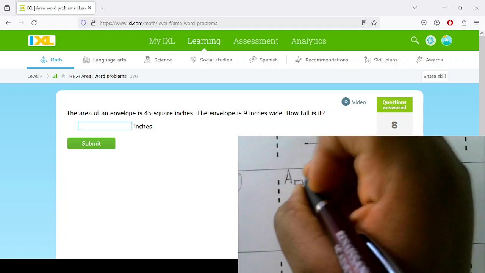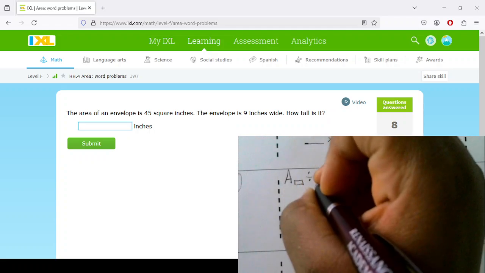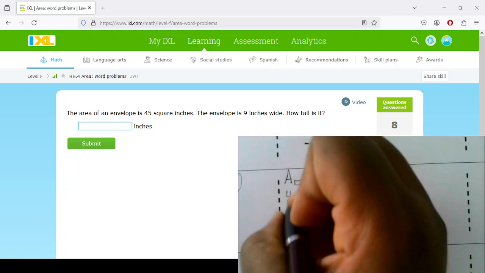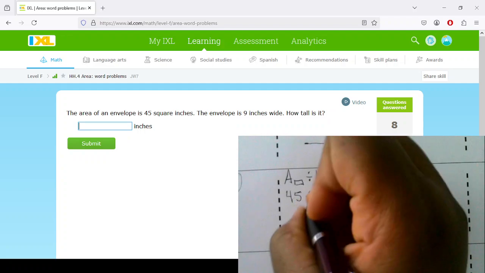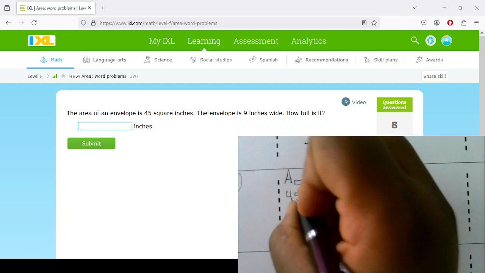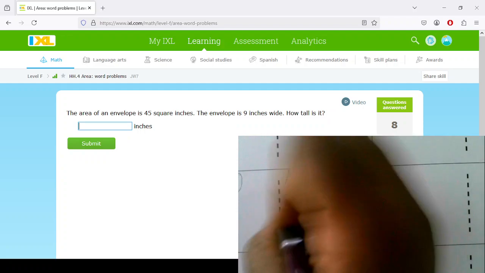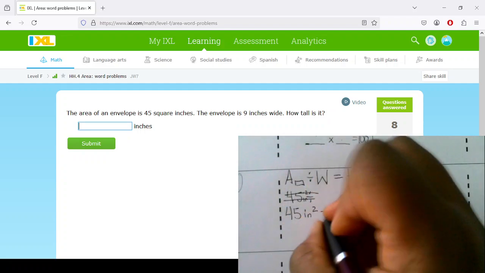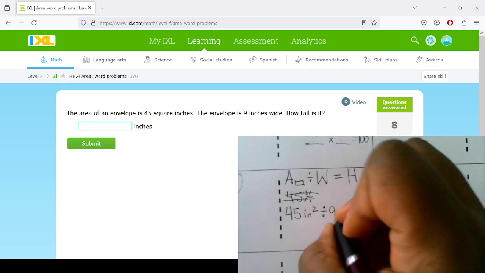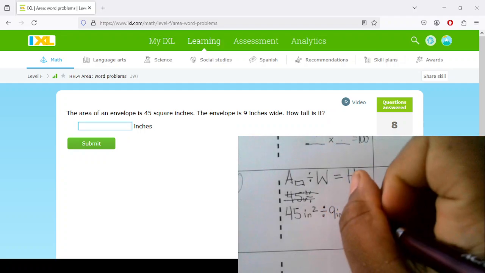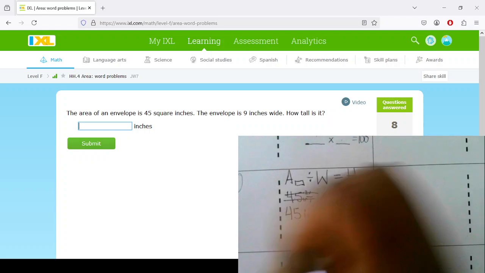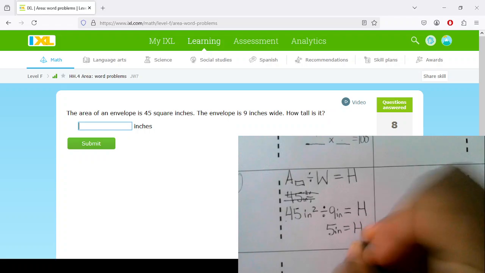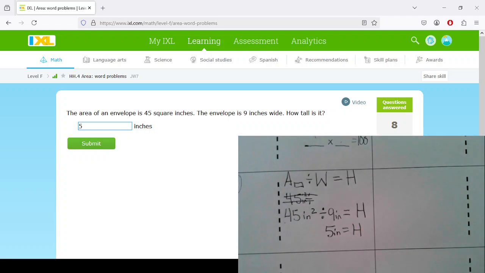So I'm going to be doing the area of the rectangle divided by the width dimension is equal to the height dimension. 45 square inches divided by 9 inches is equal to the height. 45 divided by 9 is 5, so that's going to be 5 inches. How tall is it? It is 5 inches tall or 5 inches high.